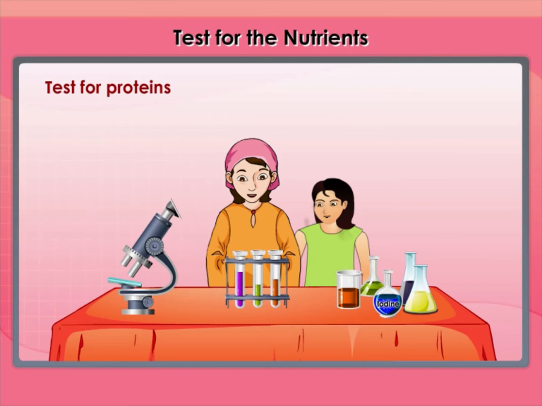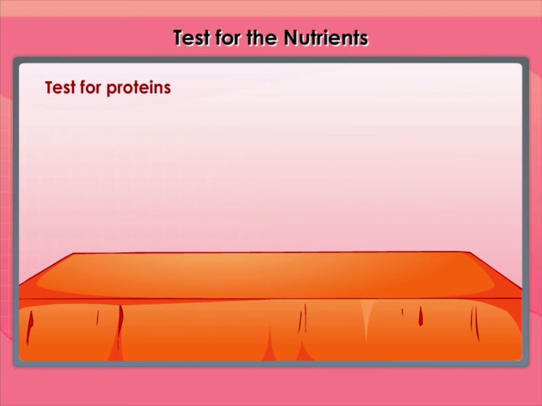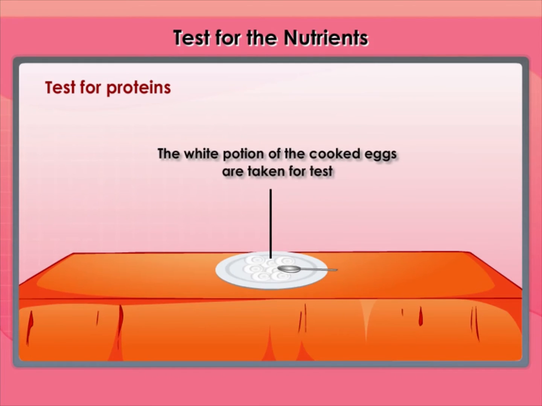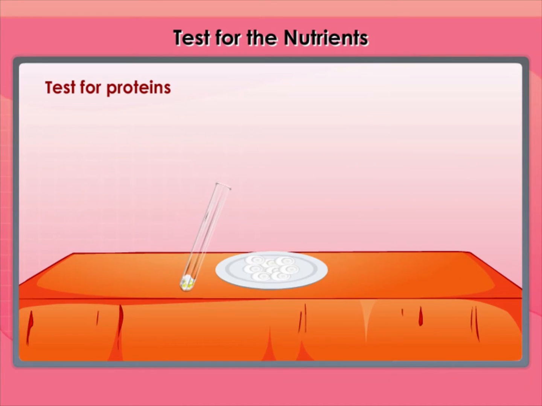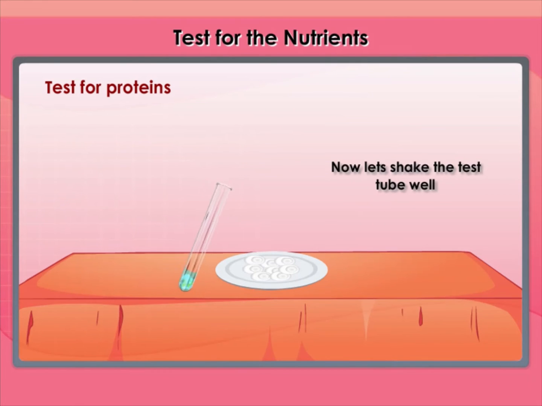Now let me tell you how to test proteins. Let us take the white portion of the cooked egg for the test. To undergo the test, we have to mash the cooked egg and drop it into a clean test tube. Around 10 drops of water are added to it. Now let us shake the test tube well.